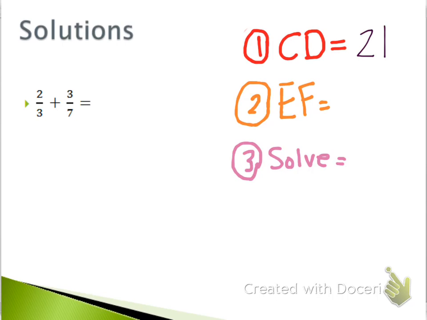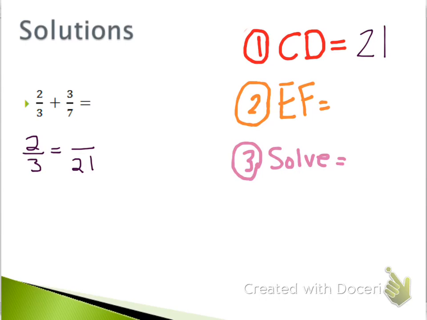And now that I have the common denominator of 21, I need to find my equivalent fractions, or the EF here written in orange in step 2. And so I'm going to do that by writing 2/3 here, and I'm going to set it equal to a fraction over 21, which is our common denominator.